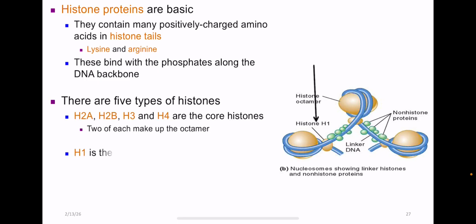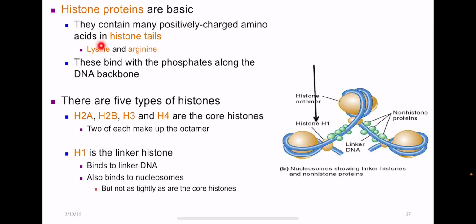Histone proteins are actually basic. We are just trying to establish how the DNA is able to associate with the histone proteins. The histone proteins are basic, mainly consisting of lysine and arginine tails, and we know basic amino acids have positive charges, and the phosphate backbone of DNA bears negative charges.